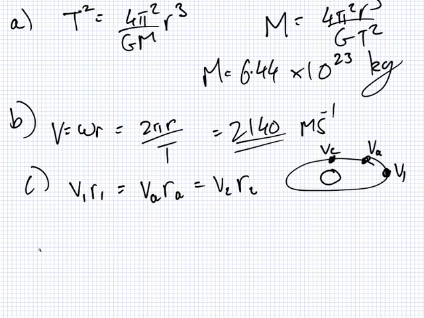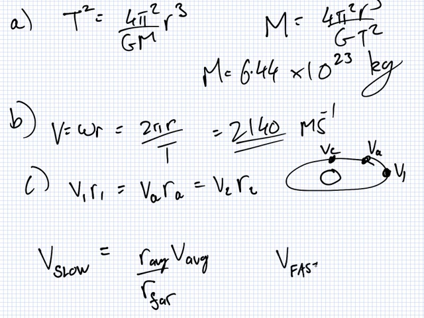I'll say V slowest will equal V average over the radius slowest, it's when it's furthest away. So I'll write furthest too. And I'll put numbers in a moment. And then likewise, V fastest would be V average over R when it's nearest.